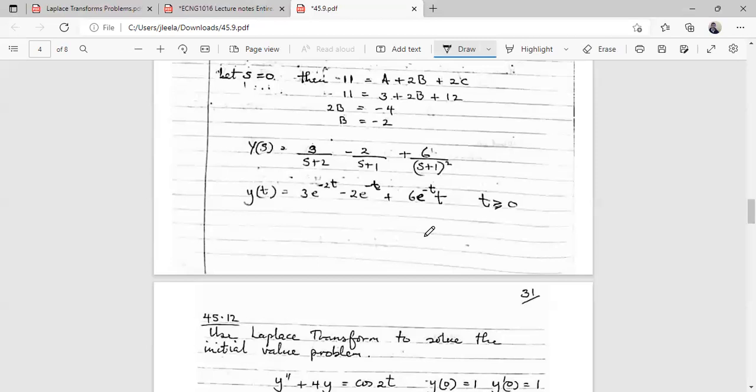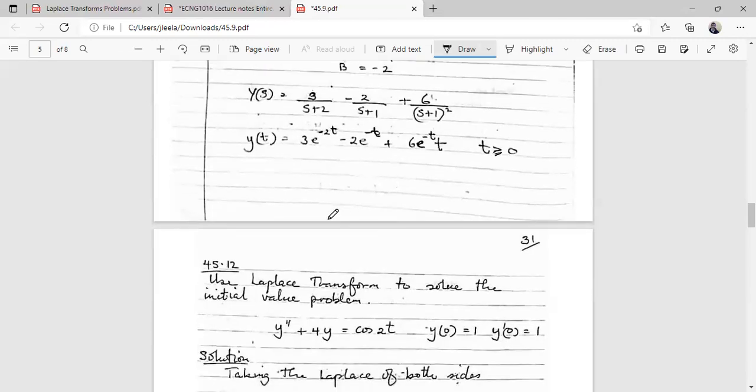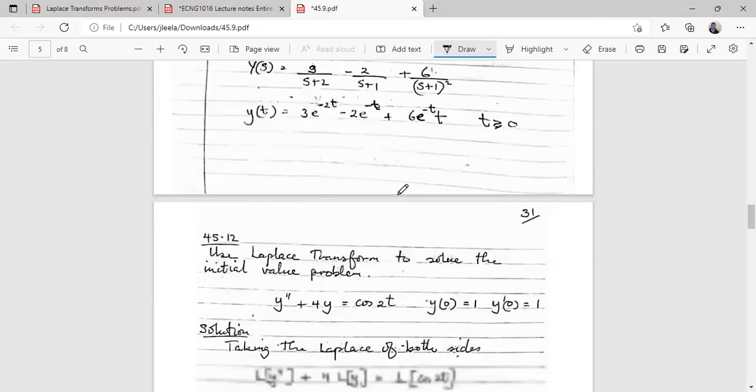Your a here is minus 1, so you have e to the minus t by t, because 1 over s squared is t, the Laplace inverse, and you just have to take the 6 on the outside and multiply it back. So this is your y(t), right? So look at it carefully.